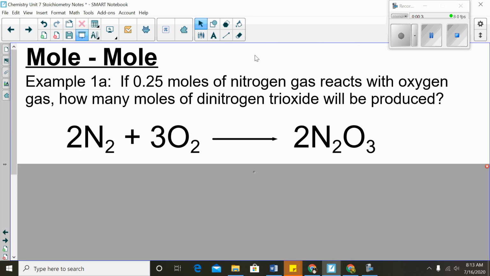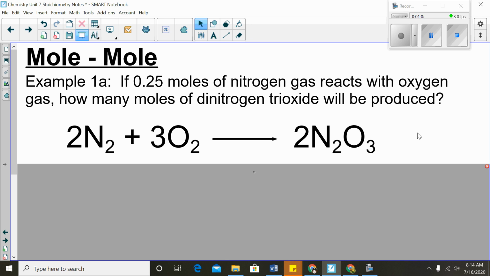Now there are several types of stoichiometric reactions, and we will learn these by types. So the first type is called mole to mole. So let's look at example 1a here to help you understand this. It says if 0.25 moles of nitrogen gas, which is right here, it's the N2, reacts with oxygen gas, O2, how many moles of dinitrogen trioxide, which is the N2O3, will be produced?